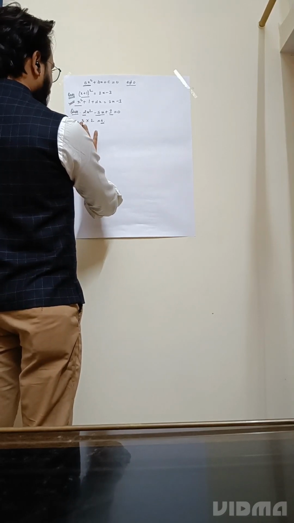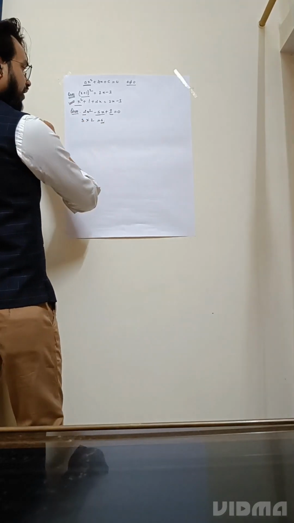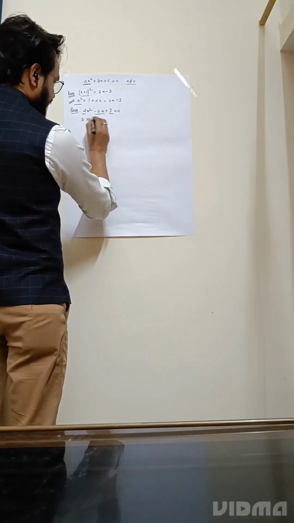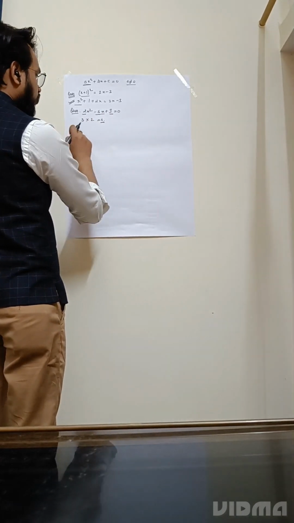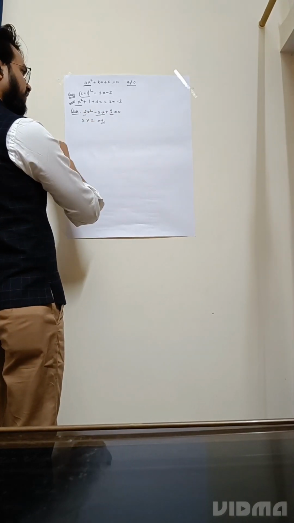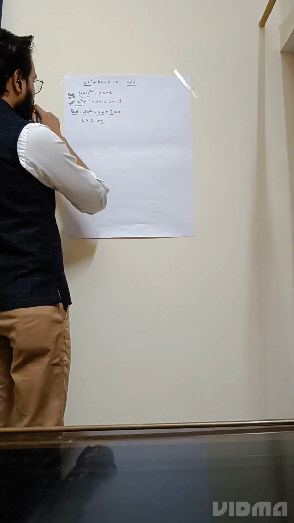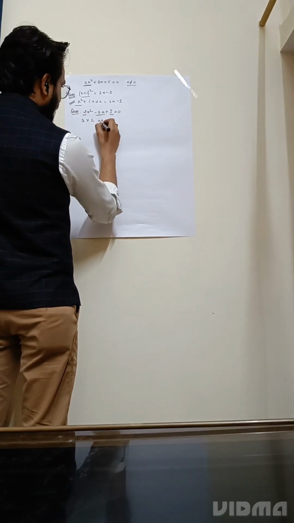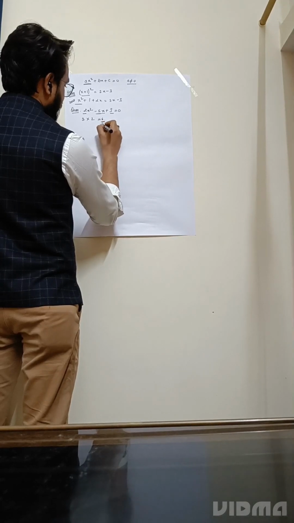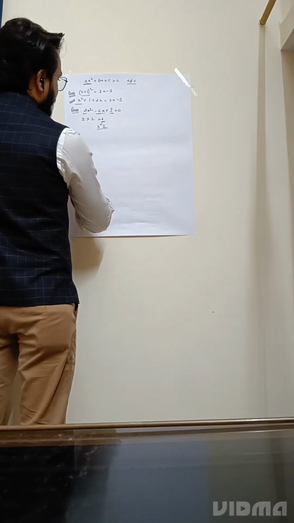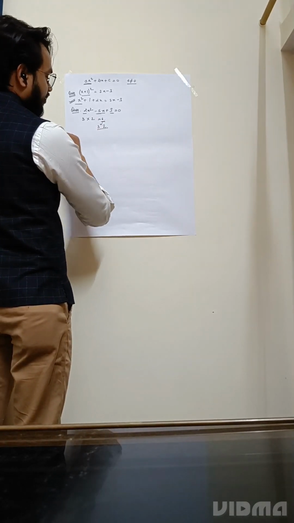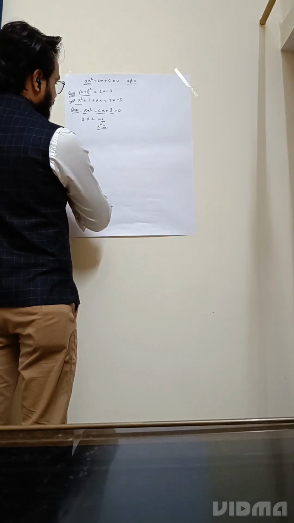So when we multiply, 3 multiplied by 2 is 6. Now we take the factors of 6 in such a way that on adding or taking the difference of those factors, we get the middle term. So the factors of 6 can be 3 and 2, and we see that the addition of 3 and 2 is 5.